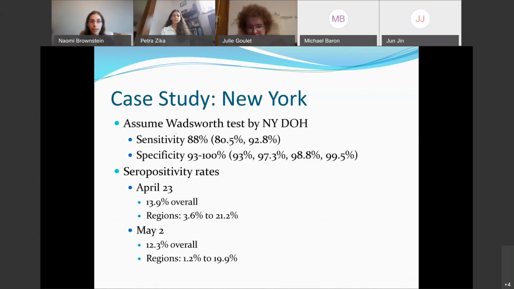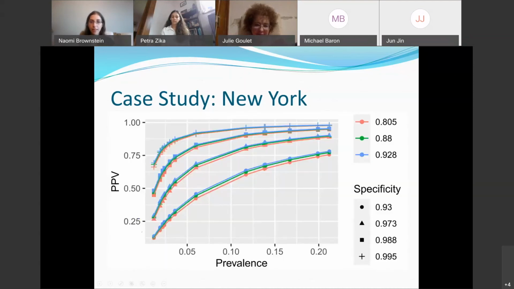So we looked at the test that they used, and we looked at the confidence interval and point estimates of sensitivity and specificity. And then we put that together with the seropositivity rates, using that as a proxy for the prevalence.